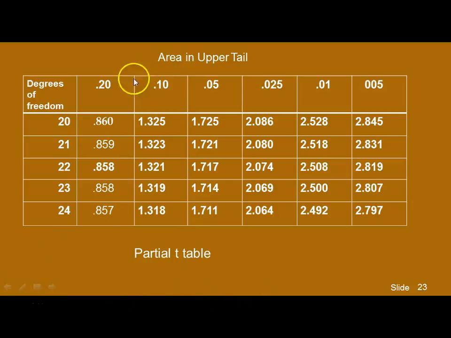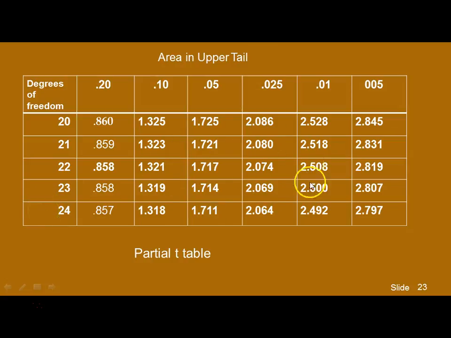So notice across the top it says area in upper tail. These are going to be the only probabilities that you can look up on the t-distribution. Is there a 20% probability in the upper tail, 10%, 5%, etc. Down the left-hand column we have the degrees of freedom. I've only put in a portion of the table here, for 20, 21, 22, 23, or 24 degrees of freedom.